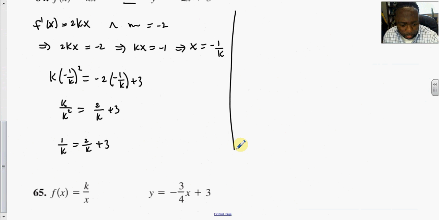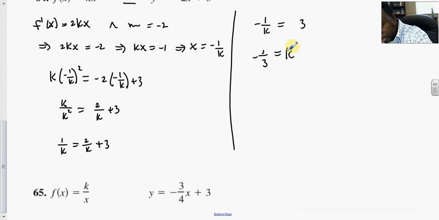Subtract 2 over k on both sides, so you get 1 over k minus 2 over k. That gives me -1 over k is equal to 3. And multiply k on both sides, divide both sides by 3. You get -1 over 3 is equal to k. So k is equal to negative 1/3.